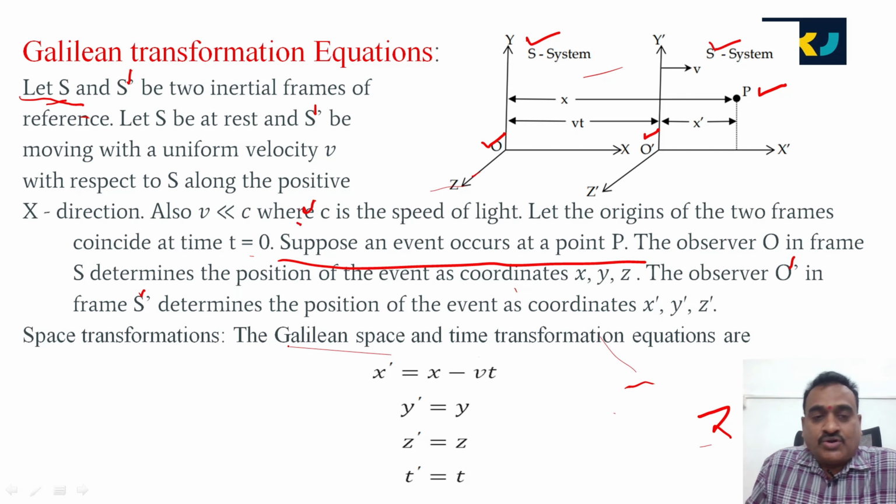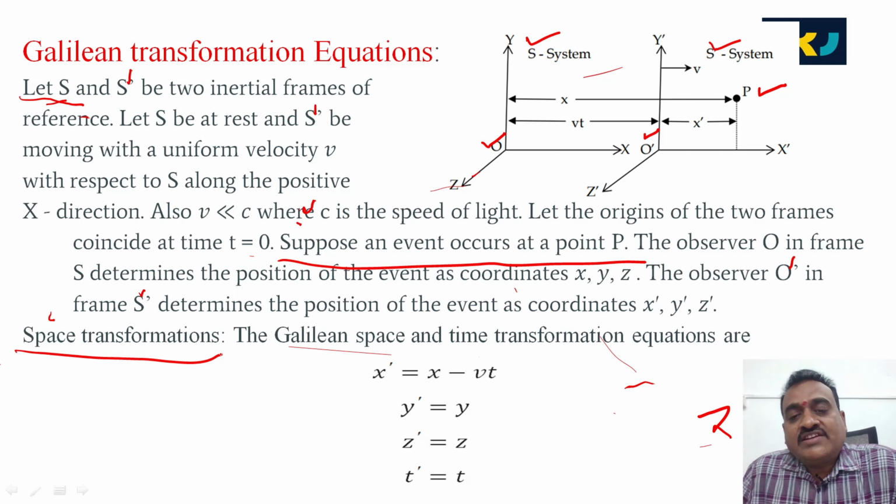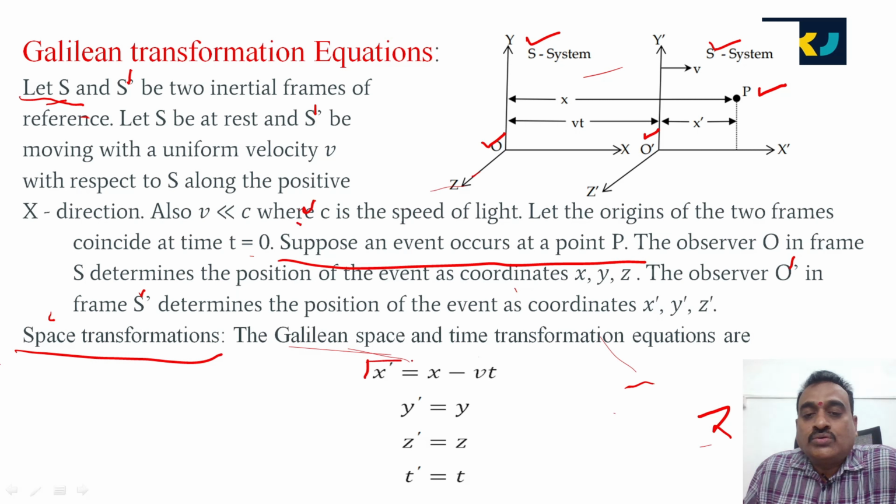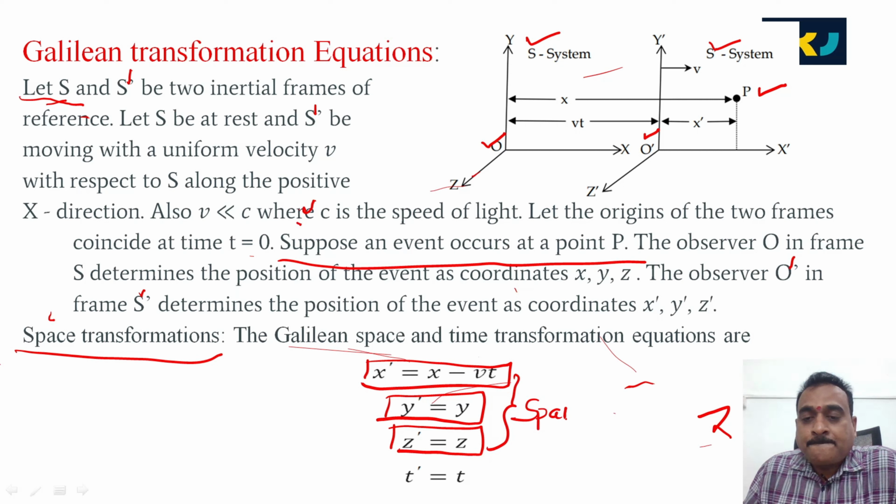Space transformation. The Galilean space transformation equations are x dash is equal to x minus vt, y dash is equal to y, and z dash is equal to z.